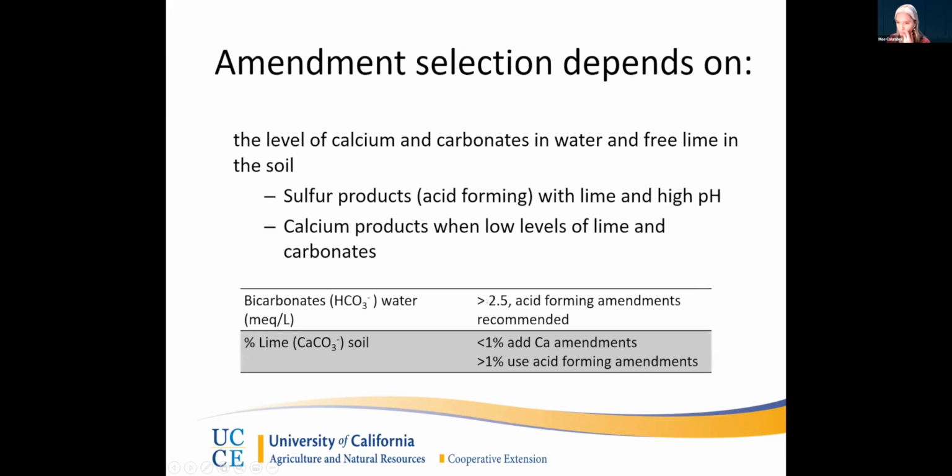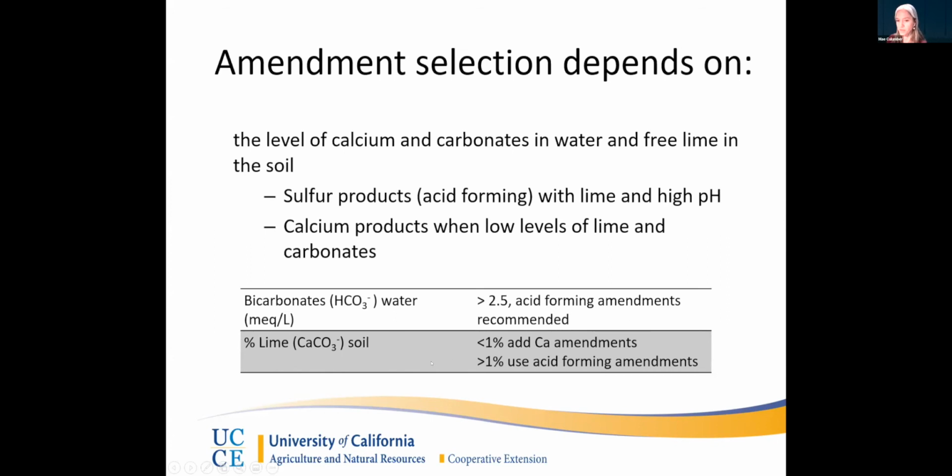And so just a rule of thumb, when you get above about 2.5 milliequivalents per liter of bicarbonates in your water, those acid forming amendments are recommended. The reason being, if you add more calcium products, calcium tends to precipitate with bicarbonates, and this can lead to further clogging either in your irrigation system or even contribute to sealing at the soil surface.